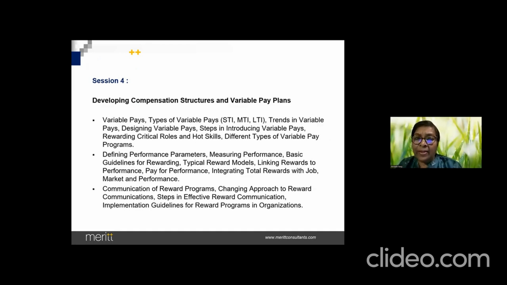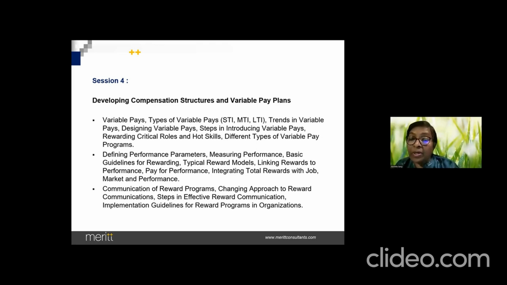And then we will look at, in the fourth, designing the variable pay plans, which is all about individual equity. When two people are doing the same job, how do organizations ensure that they motivate the people and ensure high performance? How do you actually incentivize high performers? So we'll talk about variable pay.